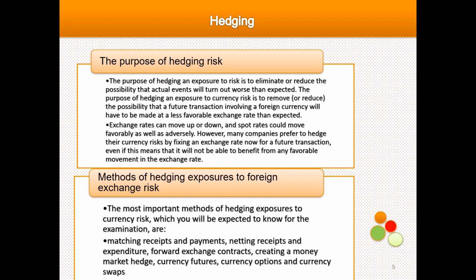I'm buying goods from China. Today, the Ghana cedi to the Chinese yuan, or whatever it is, is 1:1. I'm supposed to pay you in 3 months' time after I've sold the products. But you know what? We are going to use today's rate, not the 3 months' time rate. So that is fixing the exchange rate now for a future transaction. You can hedge that way.